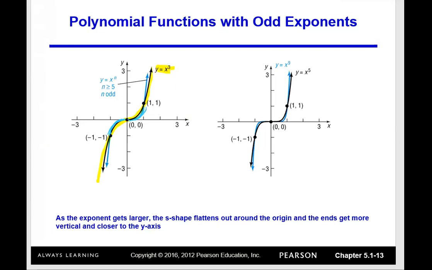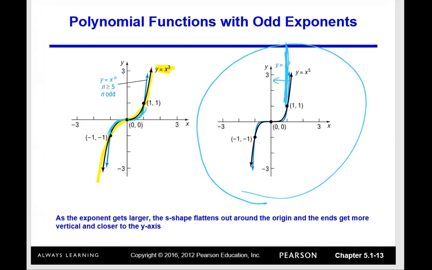Over here, in this graph, they're showing x to the 5th compared to x to the 9th. It's getting closer and becoming more vertical as you get larger, but then it gets more flat right here. There's still a curve there, but it's becoming more flat.